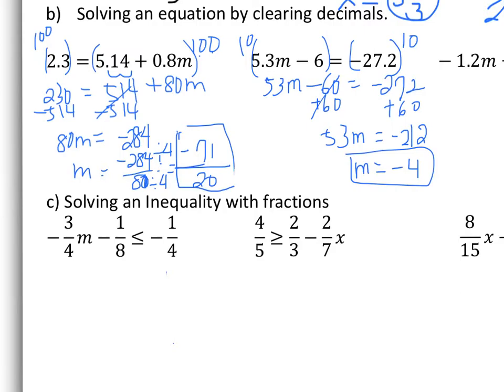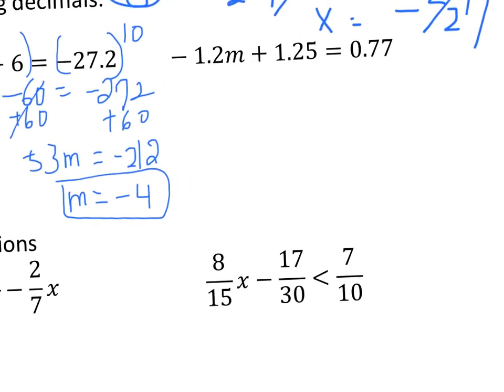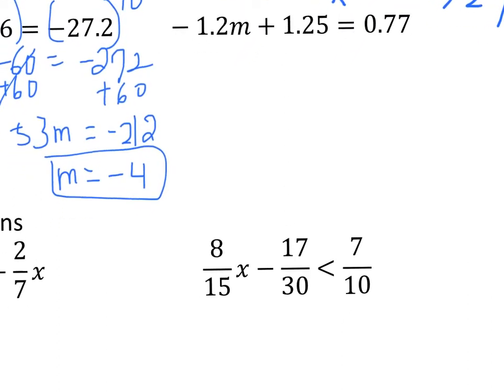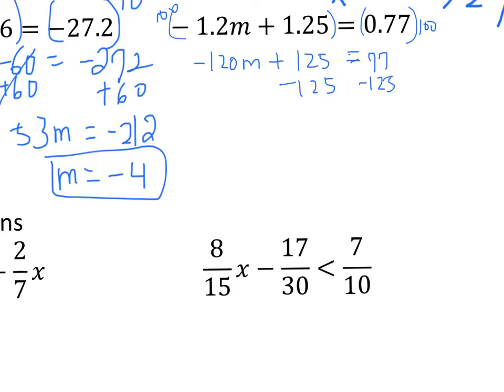Okay, and for this next problem, we multiply both sides of the equation by 100. 125, 77, subtract 125 from both sides. Bring down -120m.